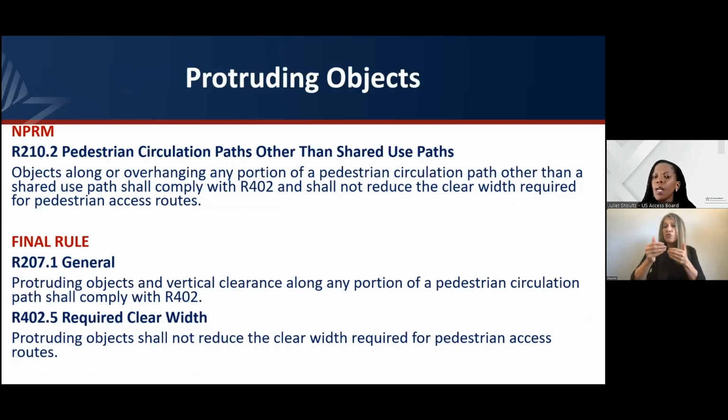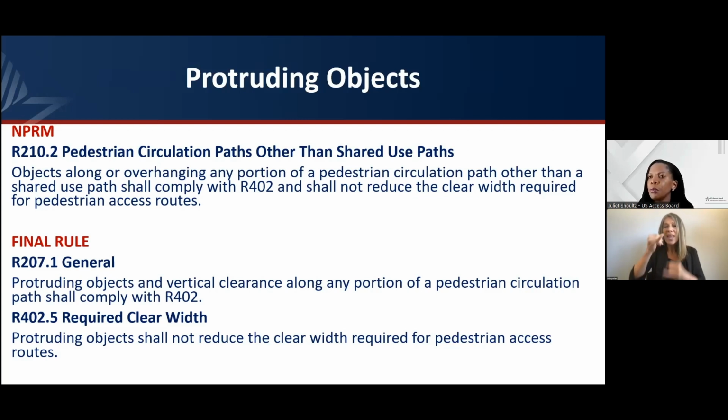Protruding objects requirements in the NPRM are presented differently in the final rule, but the requirements remain the same. So in the NPRM at 210.2, we had a provision, pedestrian circulation paths other than shared use paths, and it spoke of objects overhanging any portion of a pedestrian circulation path and needed to comply with R402.